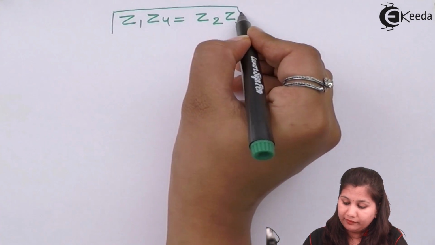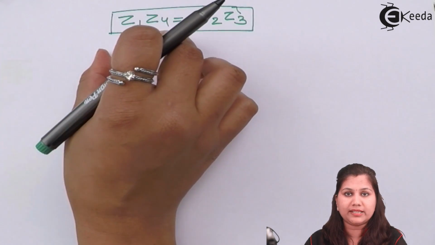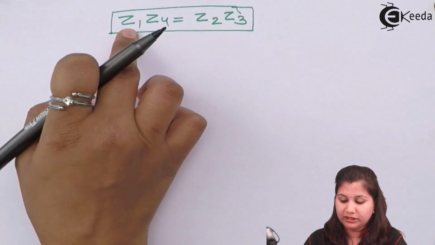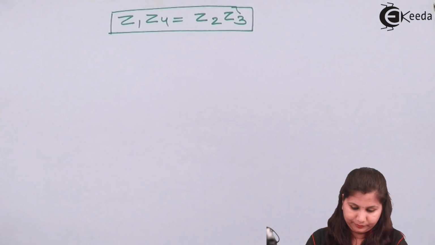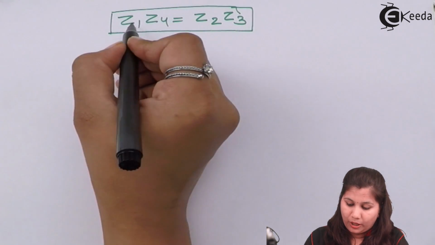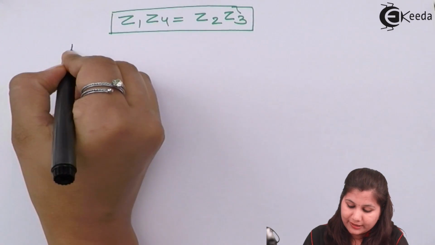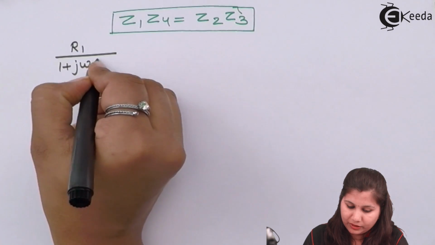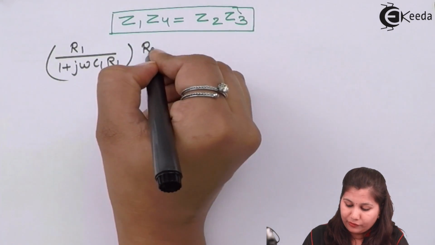Now we have the values of the impedances, so we are going to put these in this equation, and then we can calculate the unknown impedance Z1. Z1 is the parallel combination, that is R1 upon 1 plus j omega C1 R1. Z4 was R4.